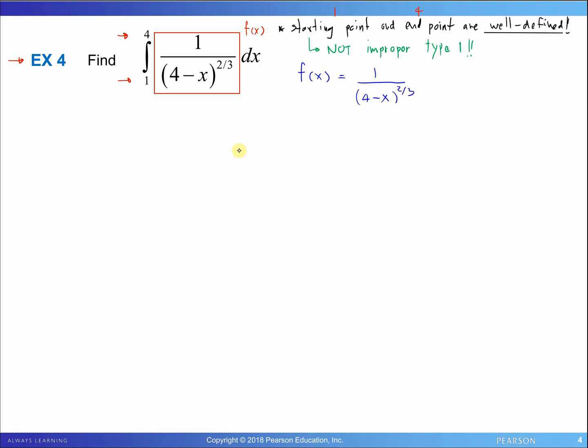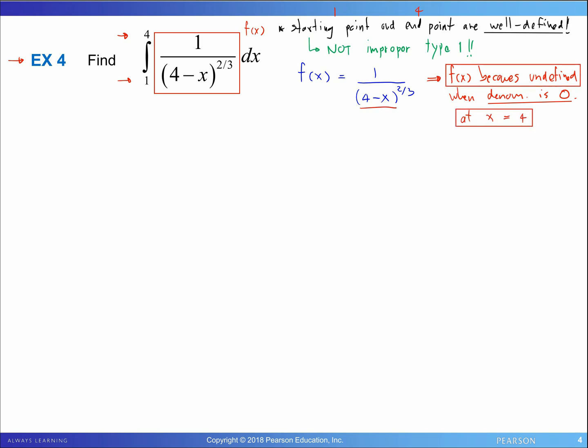And now we can see that this function becomes undefined when the denominator is 0, and that happens when x is equal to 4. Let's add right here that this function becomes undefined at x equal to 4.